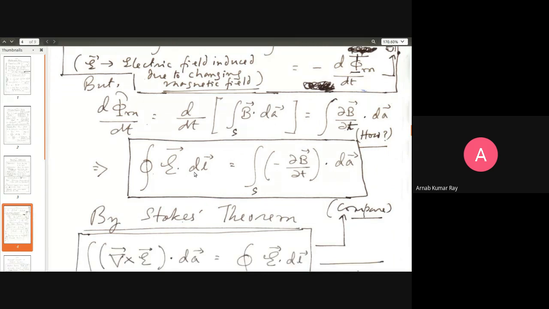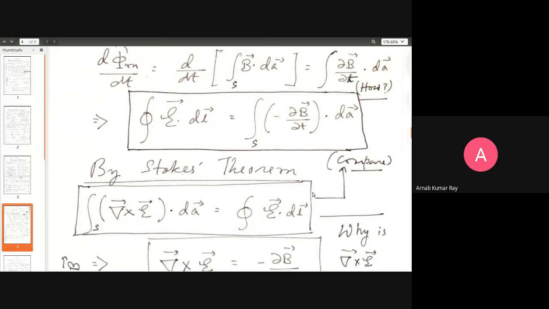Then you can see we have got a line integral to the left and a surface integral to the right. You know of a mathematical method by which a line integral and a surface integral can be made equivalent to each other, and that approach is Stokes' theorem. The surface integral of curl of E dot dA is equal to the closed loop integral of E dot dl. E dot dl is minus del del t of B dot dA.